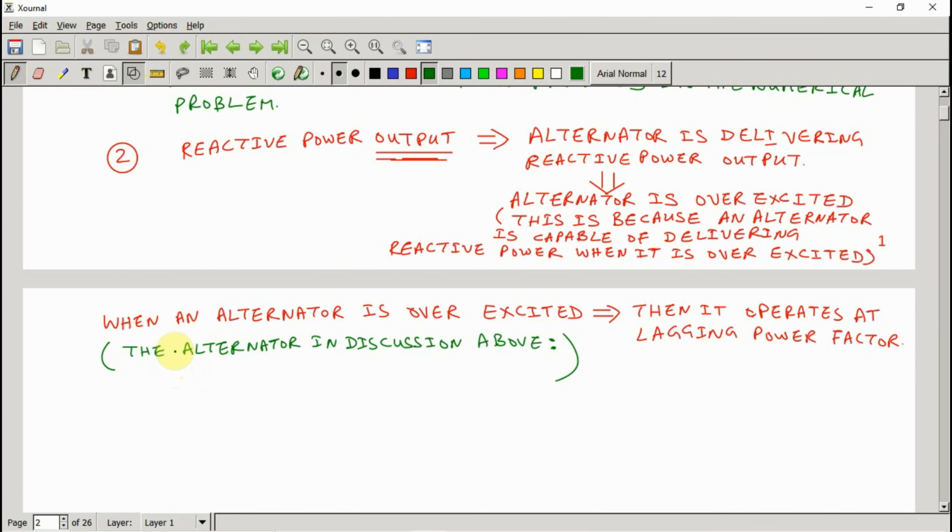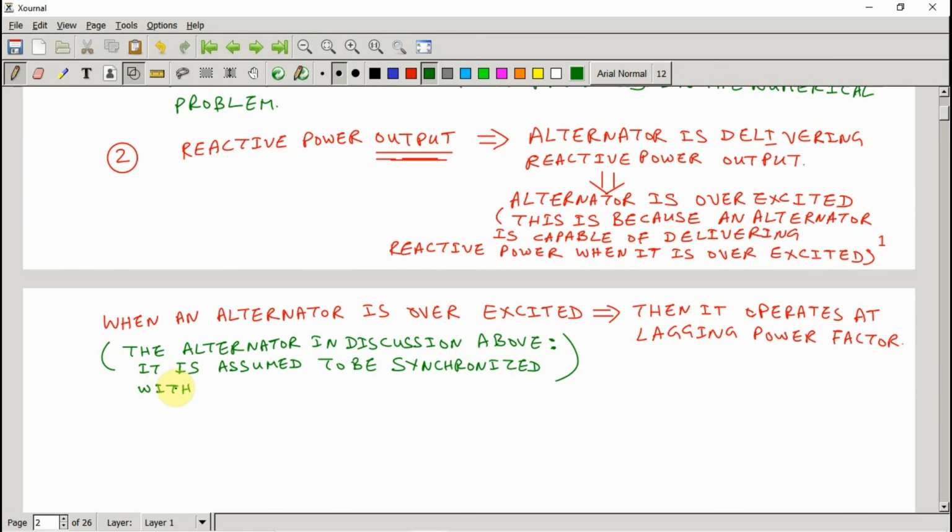The alternator in the discussion above is assumed to be synchronized with the grid.